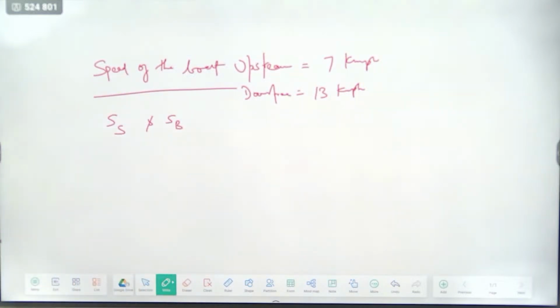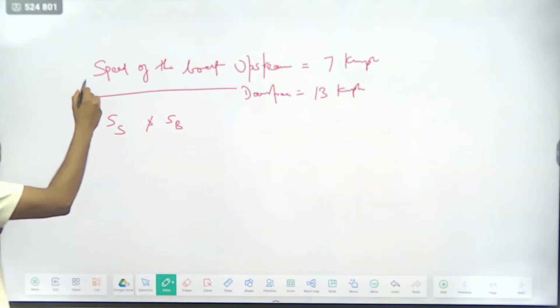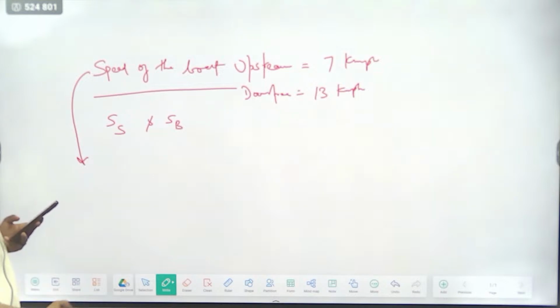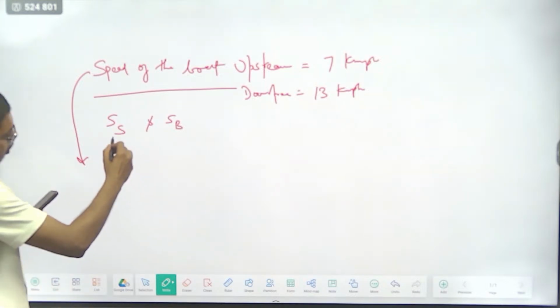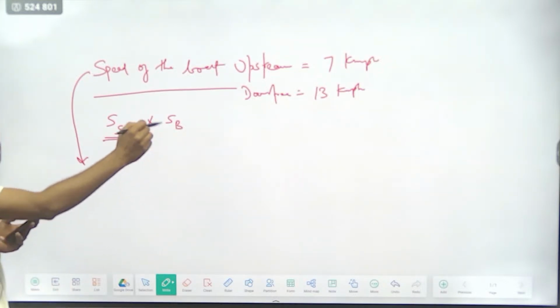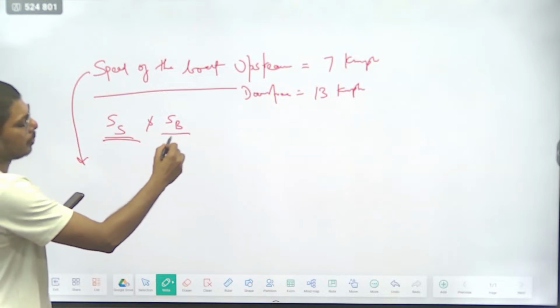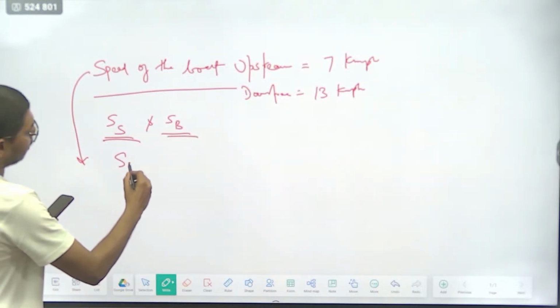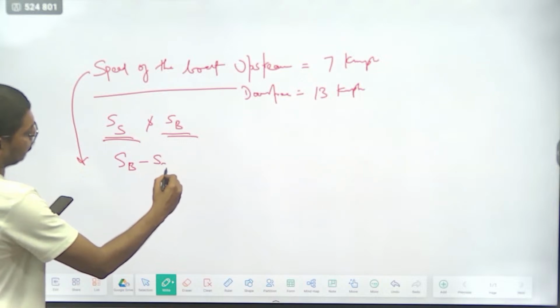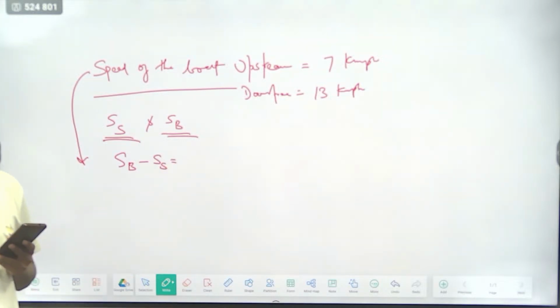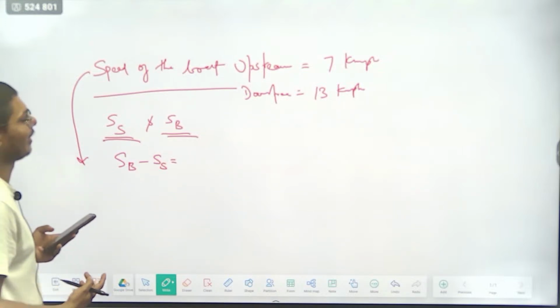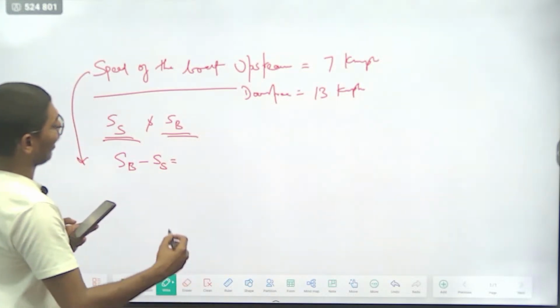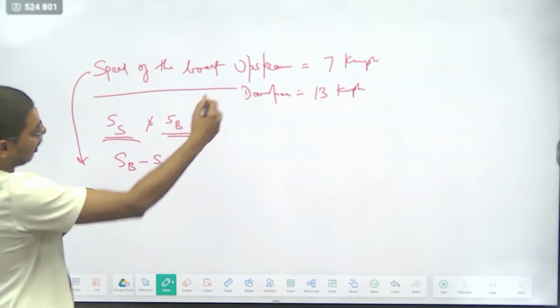Upstream means it's a difficult task. That means the speed of the stream will reduce the speed of the boat, so SB, speed of the boat, minus speed of the stream, is 7.